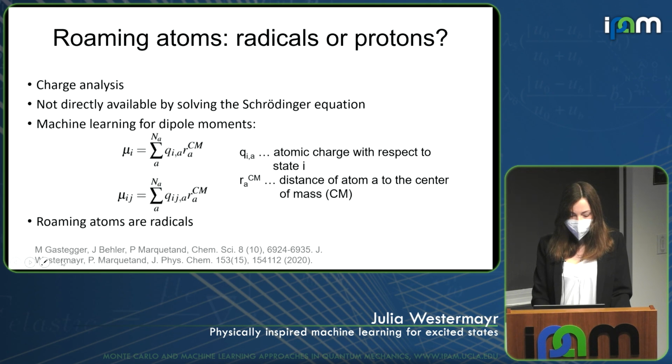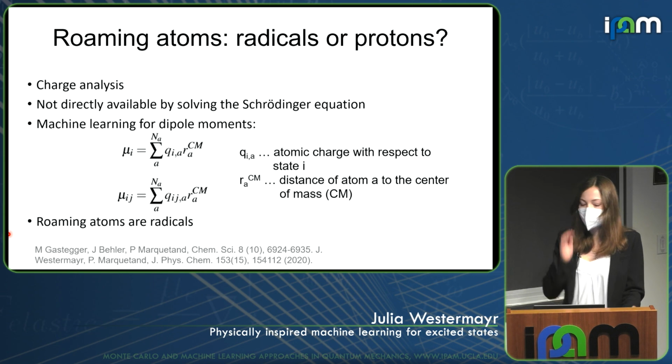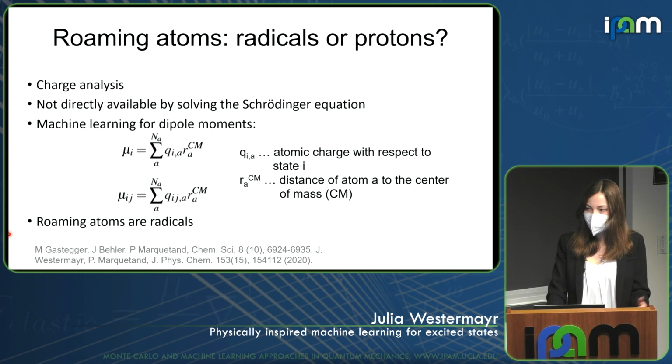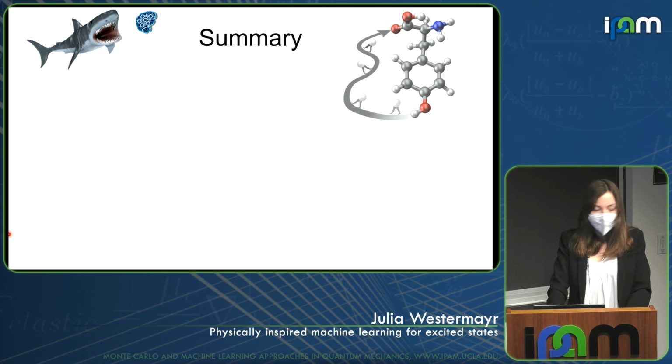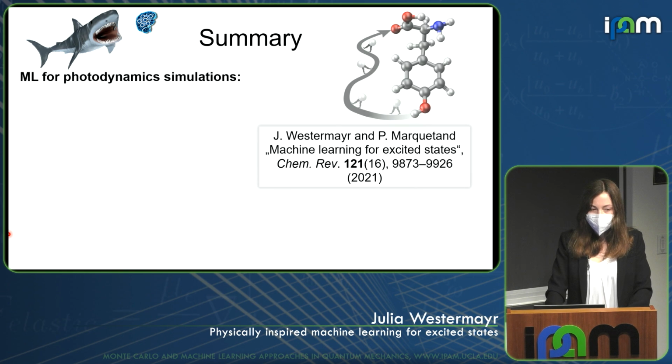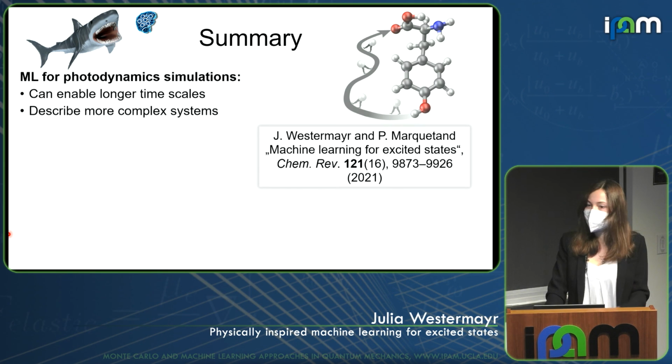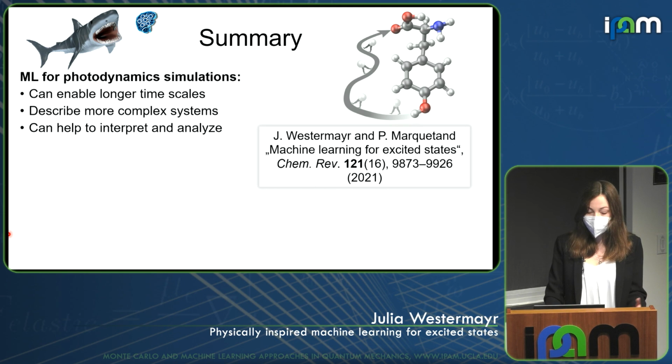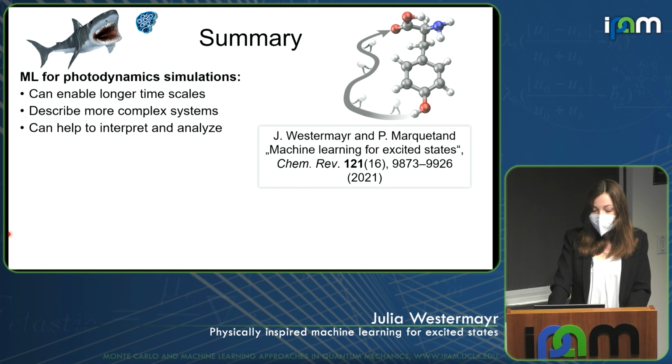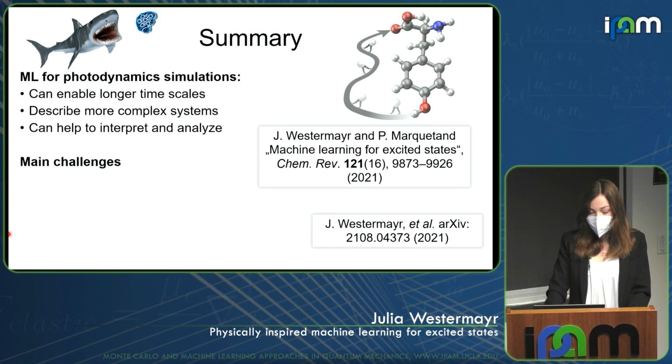With this analysis, we found that the roaming atoms were really radicals, which could probably be the reason for the smaller fragments. To summarize this part, I hope I could show you that machine learning can be used for photodynamics to enable longer timescales, and by combining different methods, we can describe more complex systems. It can also help us to interpret and analyze results.